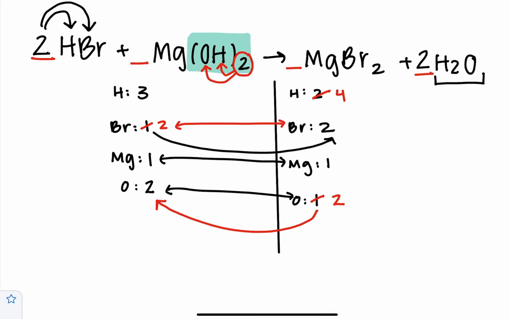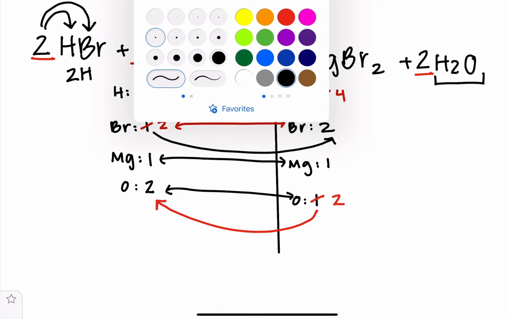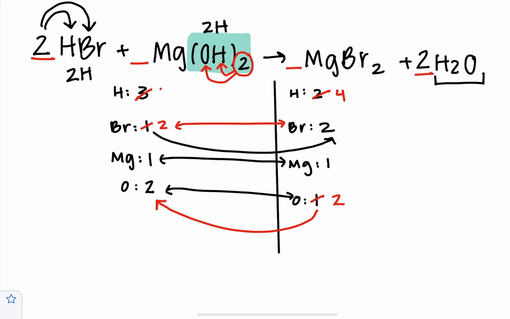The 2 multiplied out to this H, which had no subscript, so that means that there are 2 H's here. But don't forget that we also had an H in this OH compound that was being multiplied by a 2. So there are also 2 H's here. So 2 H's plus 2 H's actually now gives us 4 H's on the left side.